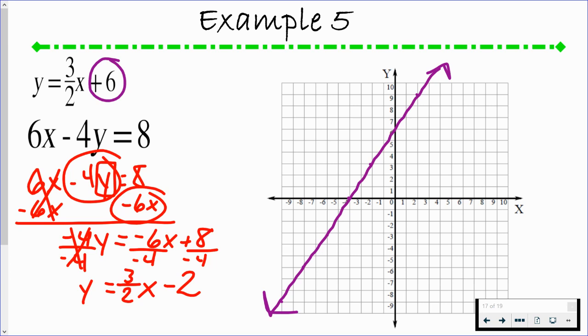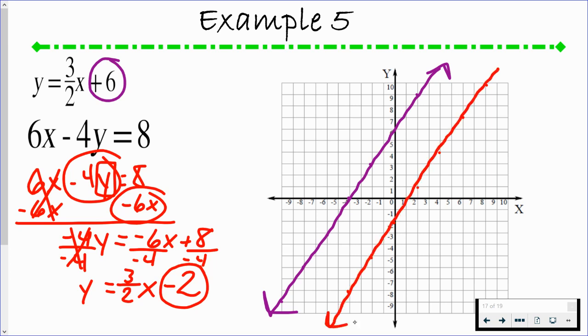So I'm going to start at negative 2 for my y-intercept. My slope is 3 over 2. I'm going to go up 3, right 2, and continue. Reverse, down 3, left 2, down 3, left 2.